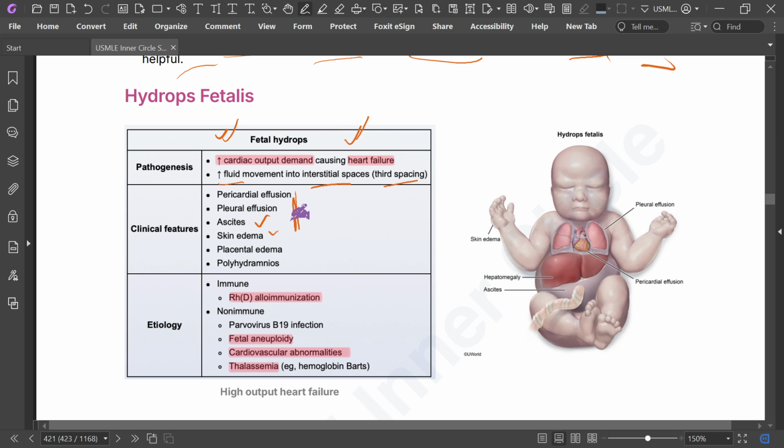There may be skin edema, placental edema, polyhydramnios. Everywhere fluid comes. Causes are immune, Rh alloimmunization, and non-immune: parvovirus B19 infection, fetal aneuploidy, cardiovascular abnormality, and thalassemia. And it can cause high output cardiac failure.